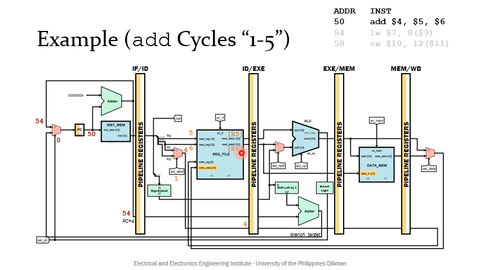The control unit will detect that the instruction is an add instruction and assert the cell dest signal to choose RD, which is 4, as the destination. However, note that this value is not fed to the write reg port of the register file, but is instead fed to the pipeline register. The PC+4 value is simply passed to the next pipeline register, and the sign extended immediate is a don't care for an add instruction.